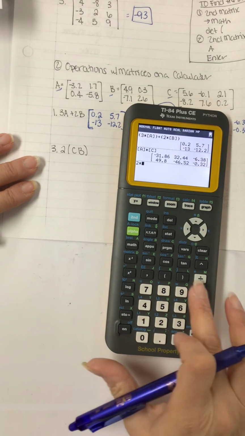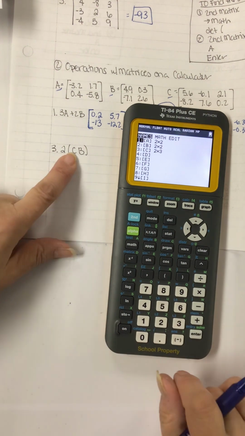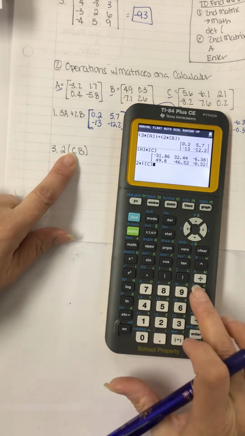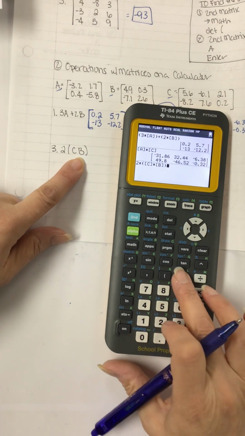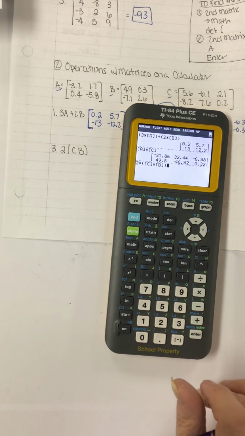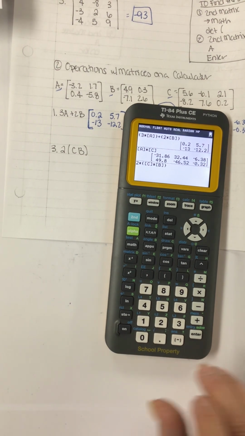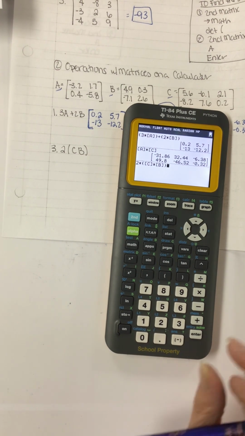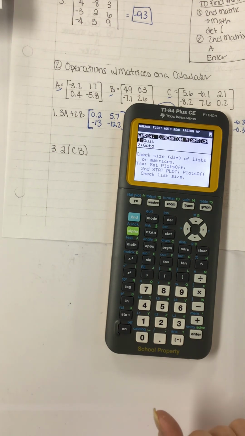Here we do 2 times in parentheses, and I do second matrix, and I have to select C first, times second matrix, and then I have to select B. Remember, multiplying matrices isn't like multiplying numbers, right? If we multiply numbers, you can multiply 2 times 3 or 3 times 2, yes? Multiplying matrices, we can't do C times B is equal to B times C, right? We saw that on our homework, yes? What happens? What does it tell us?